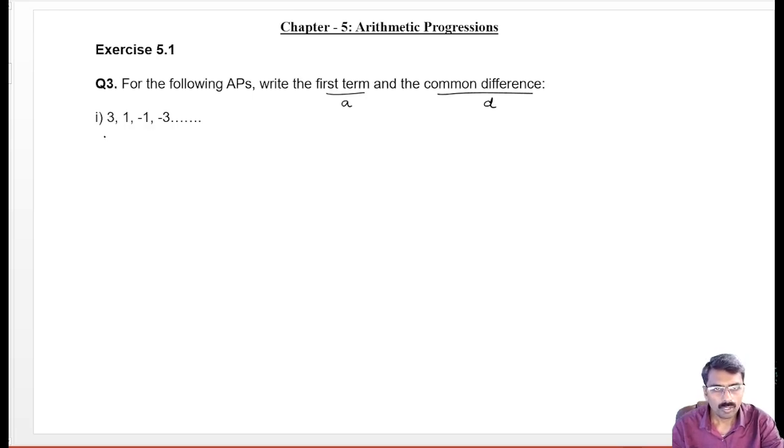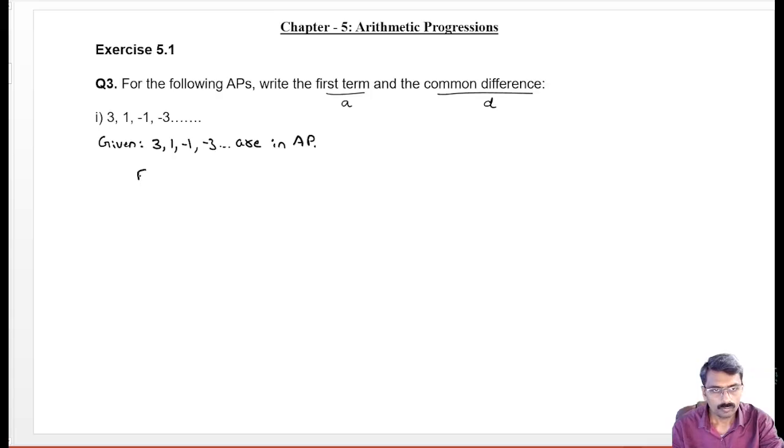Given 3 comma 1 comma minus 1 comma minus 3 are in AP. So this is given here.